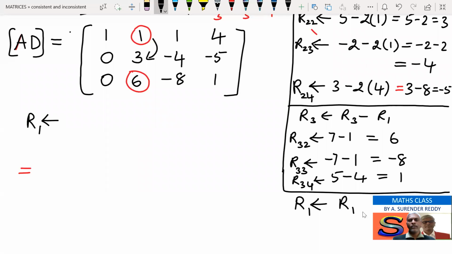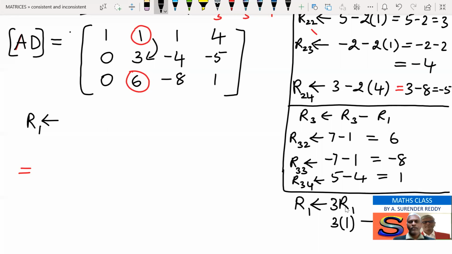So take two elements R1 and R2. Here R1 is 1 and R2 is 3. First, equalize the two numbers. So how to make them equal? By multiplying 1 with 3, they become equal. So that is 3 into R1. 3 into 1, 1 is R1, first row.